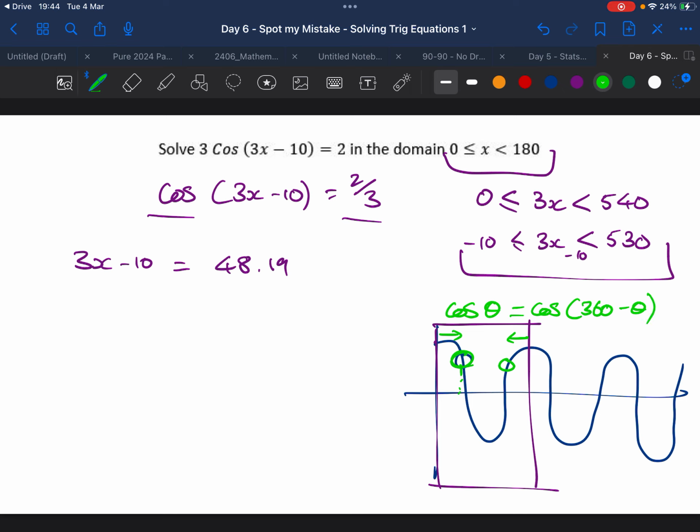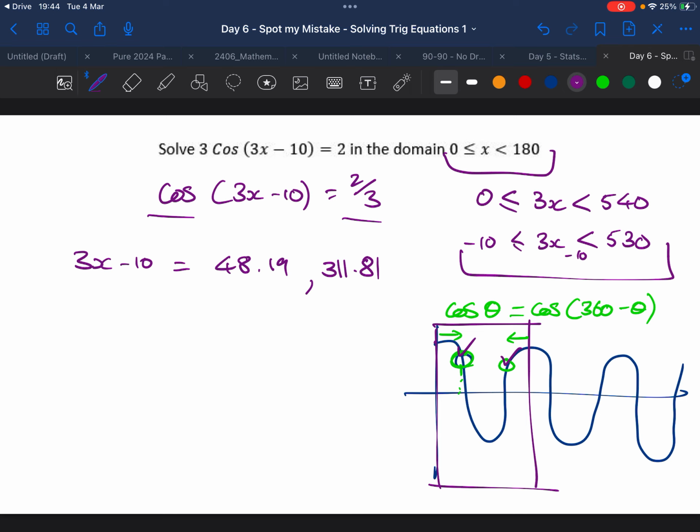So instead of 180, it's 360 for this one, exactly like this. In other words, if this is our principal value, 360 minus the same number will give us the other one, which is 311.81.